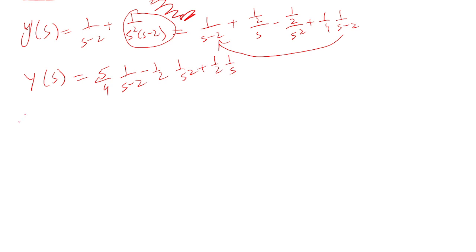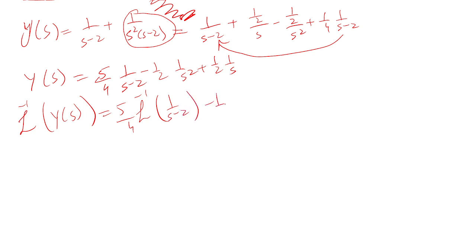Now we will apply the inverse Laplace transform on each term. So this is 5 by 4 Laplace inverse of 1 over s minus 2, minus 1 over 2 Laplace inverse of 1 over s square, and then plus 1 over 2 Laplace inverse of 1 over s.